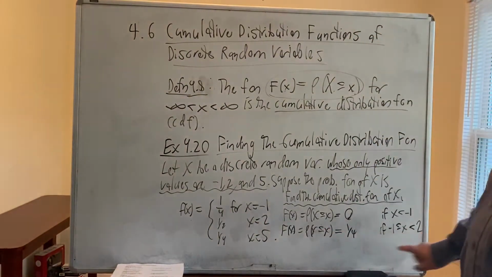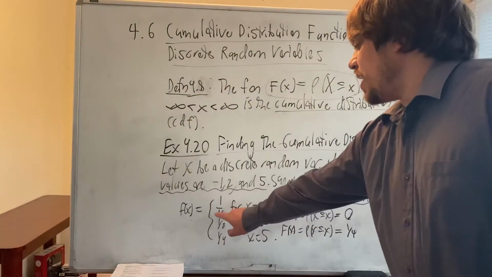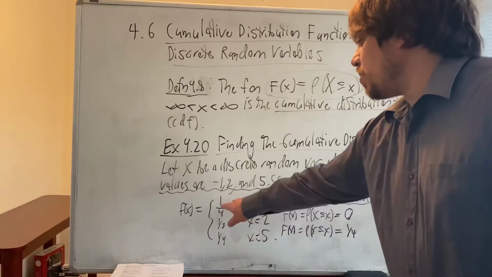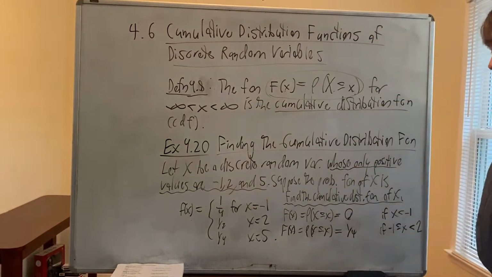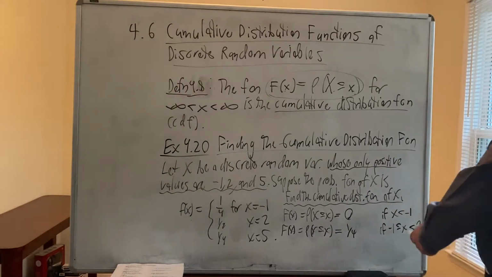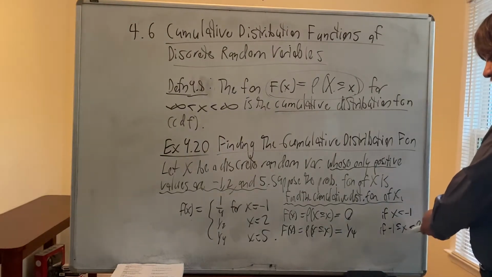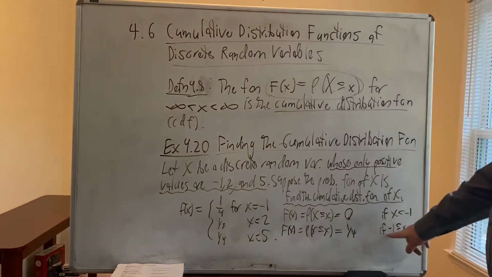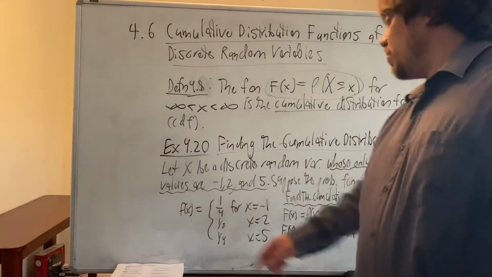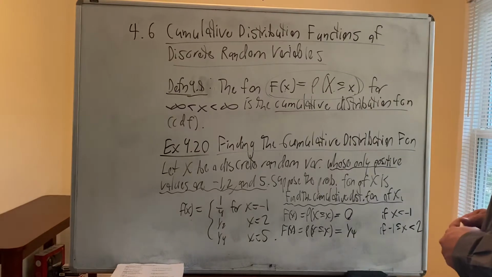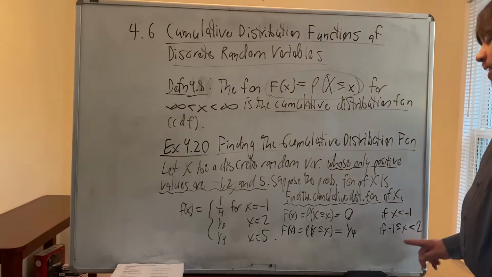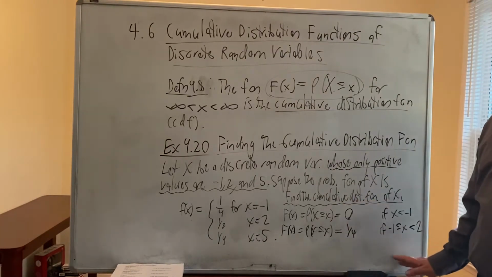It does not include 2. So when capital X is -1, the probability is 1/4. When it's any other value here, it's 0. The probability that capital X equals 0 is 0, the probability that capital X equals 1 is 0, and the probability capital X equals -1 is 1/4.